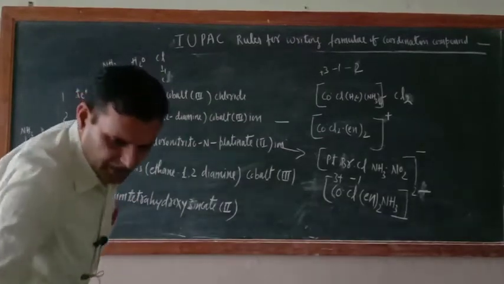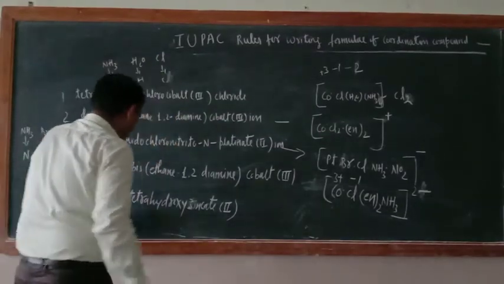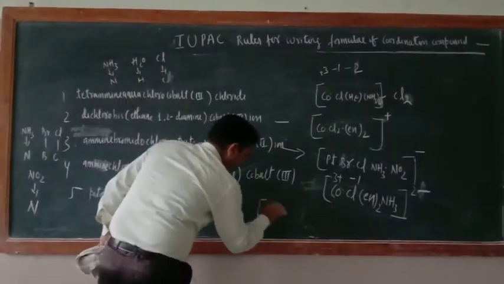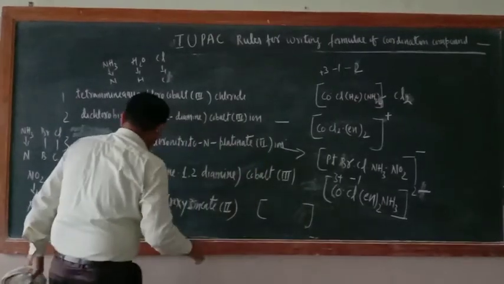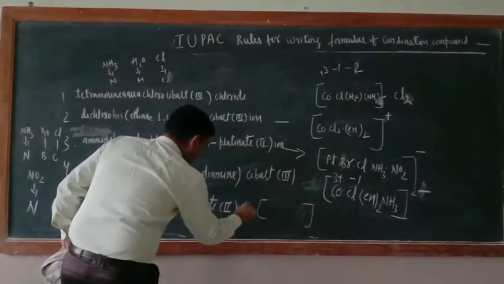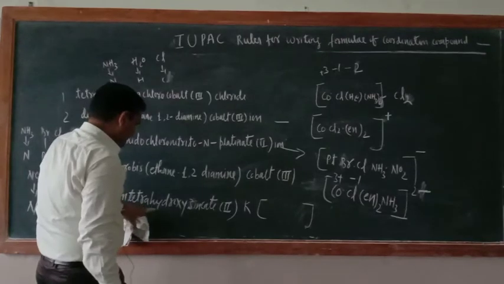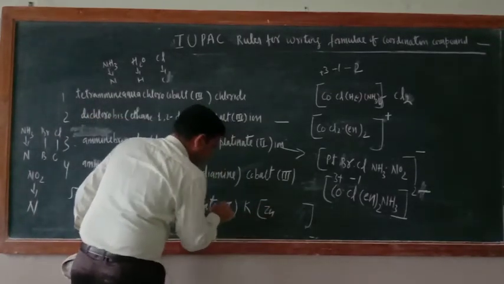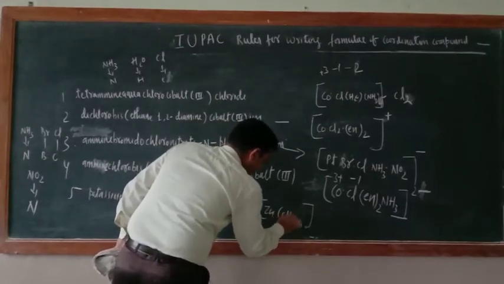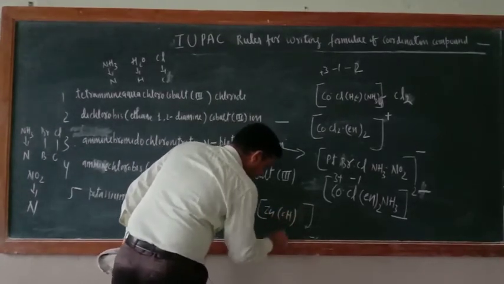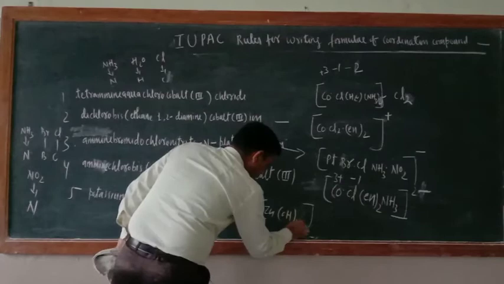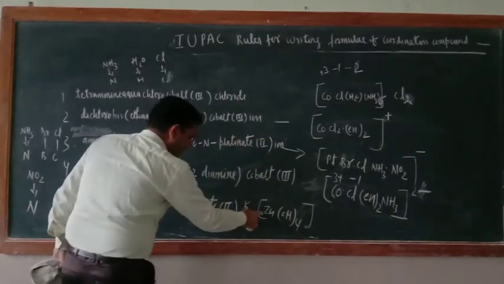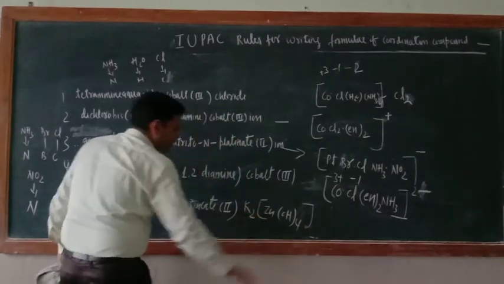The last one is potassium tetrahydroxyzincate. So put here bracket, K, then Zn, tetrahydroxy: OH, how many should be there? 4. So now zinc will be 2 here, and here potassium is 2.